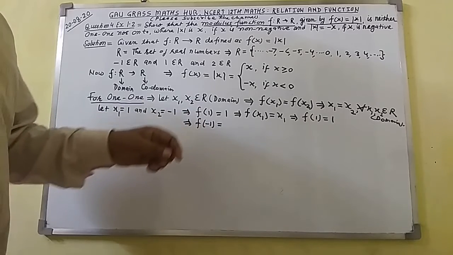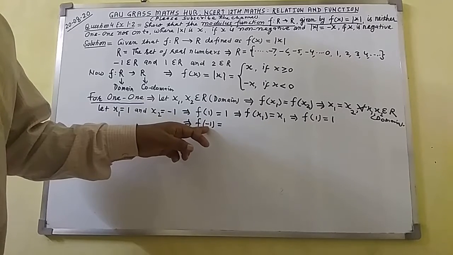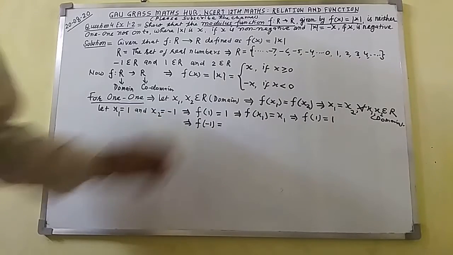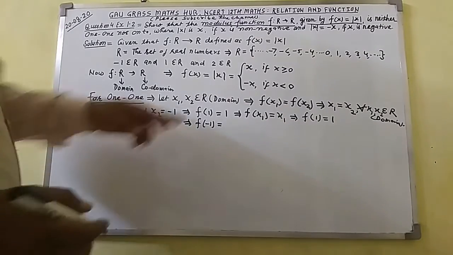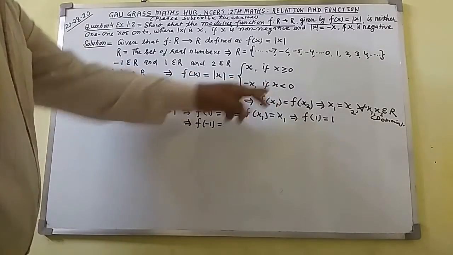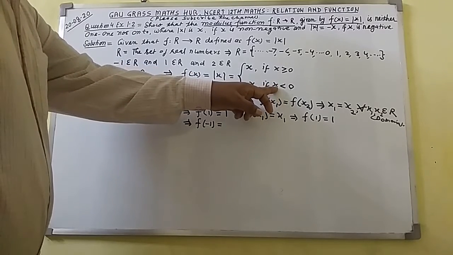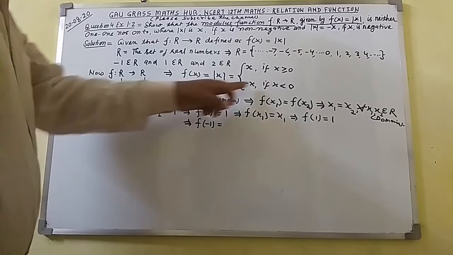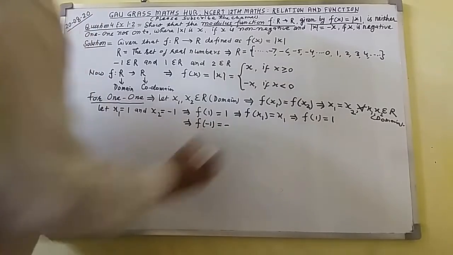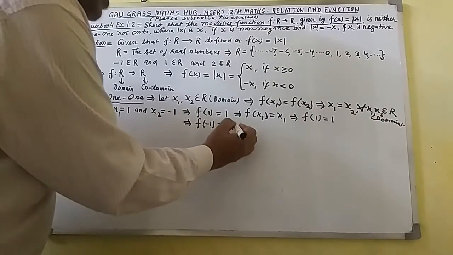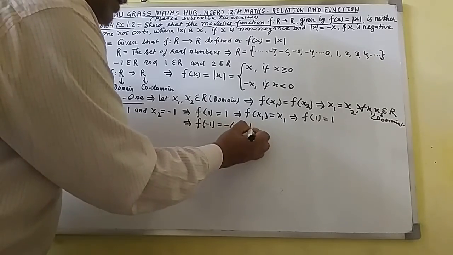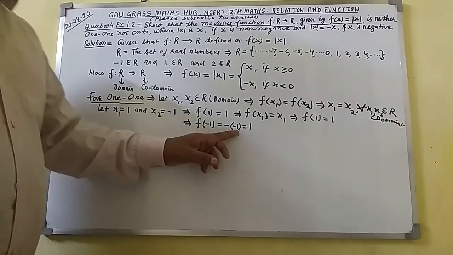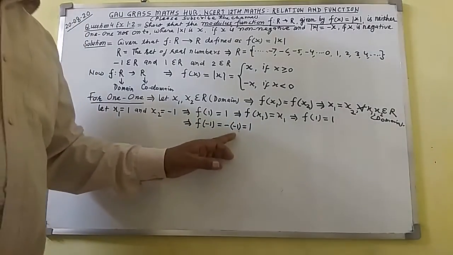If I put -1 in place of x, then this statement will be taken, because the value of x is less than 0. Here -1 is less than 0. So this statement will be taken. So here I can write minus, in bracket -1, comes out to 1, because -1 will multiply together, you will get +1.